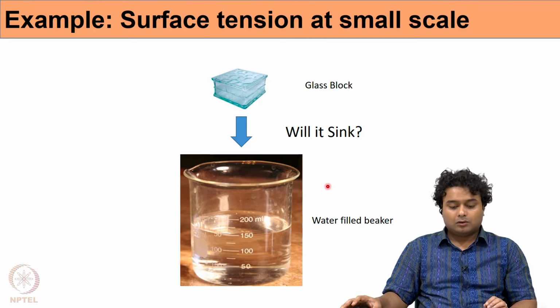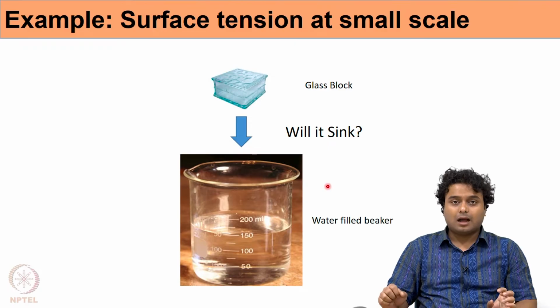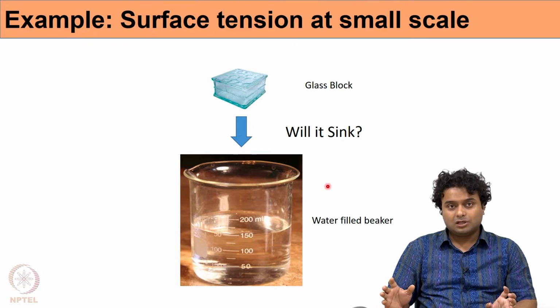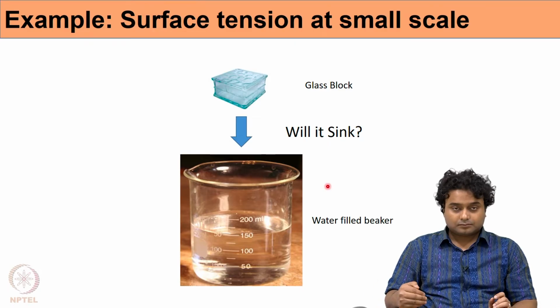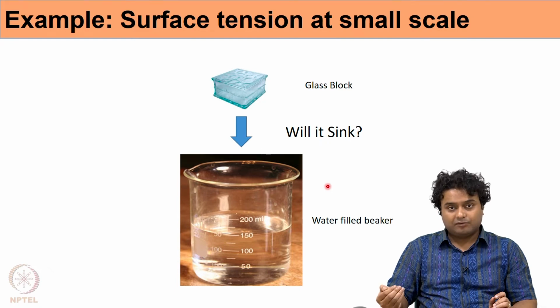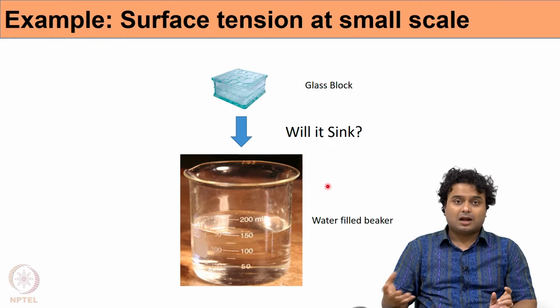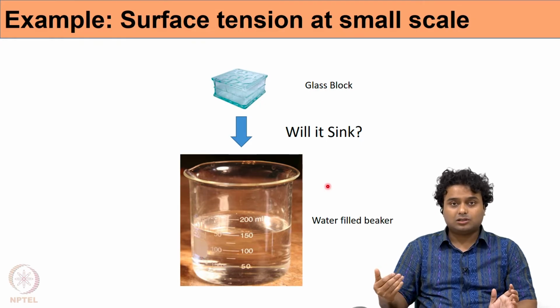Now, we will work out this example and we will see how exactly the volumetric force and the area dependent or length dependent forces are very different as we scale up or scale down.